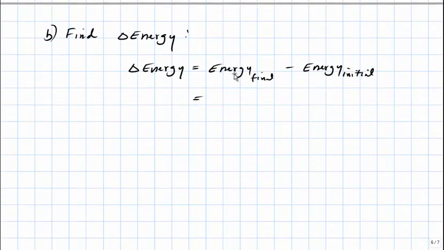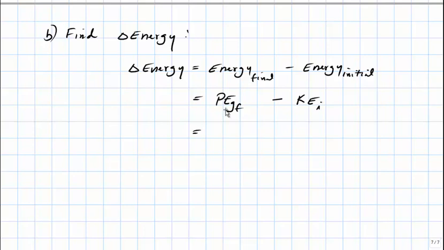And so, as we noted, the final energy of the system is just the gravitational potential energy of the system, and of course we can note that as PEG final. The system only had initial kinetic energy, and so we can note that as KE initial.